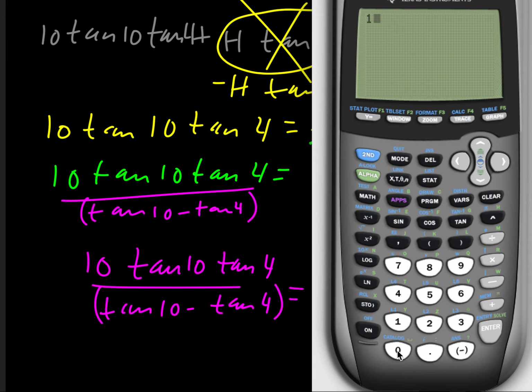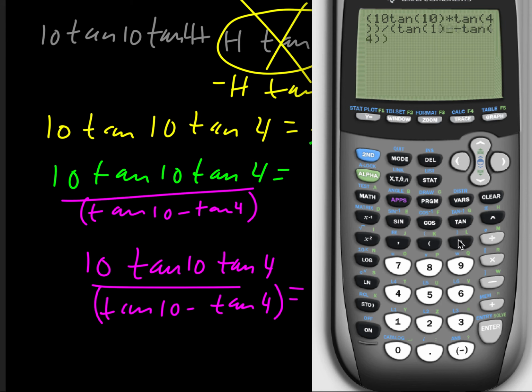So we're going to say 10 tan 10 times tan 4, and then all of that is divided by tan 10 minus tan 4. So don't forget to put parentheses around the top and the bottom. Make sure they all line up. I need one in here.